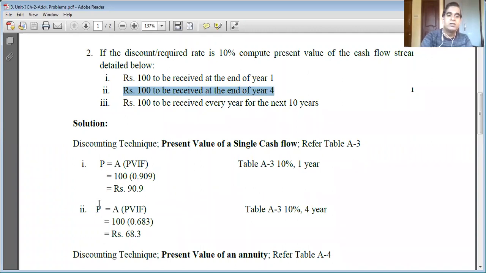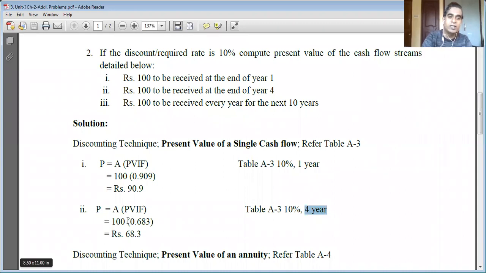Okay. So there is no confusion here. Single cash flow, but only to be received at the end of 4 years. So 100 rupees is the sum to be received. Then we need to find from table A3, 10% interest column and 4th year row, the PVIF factor.